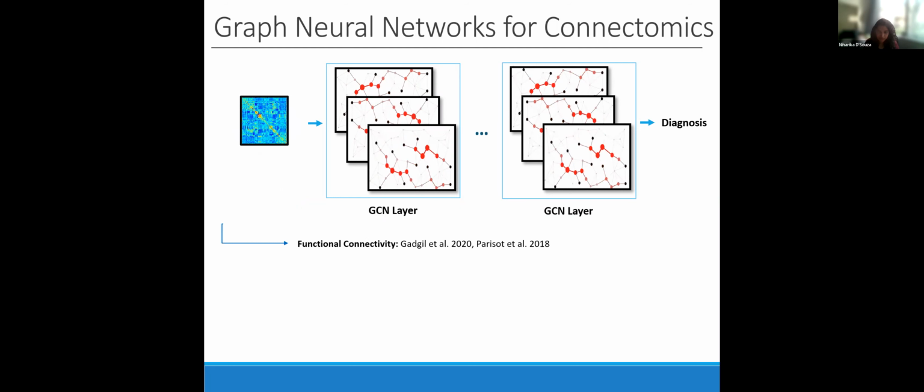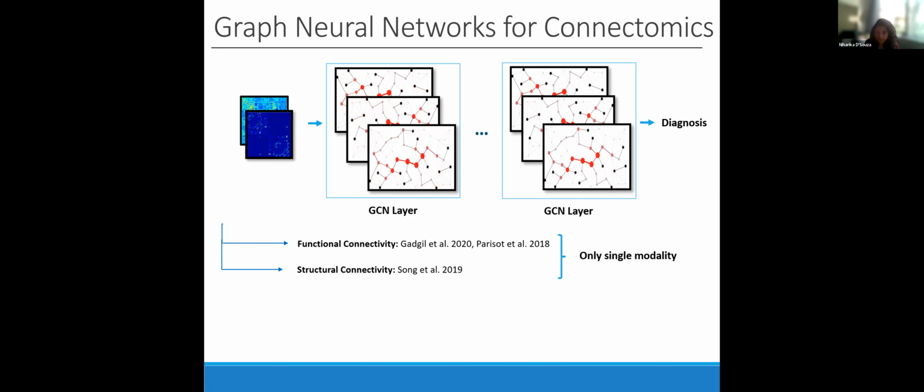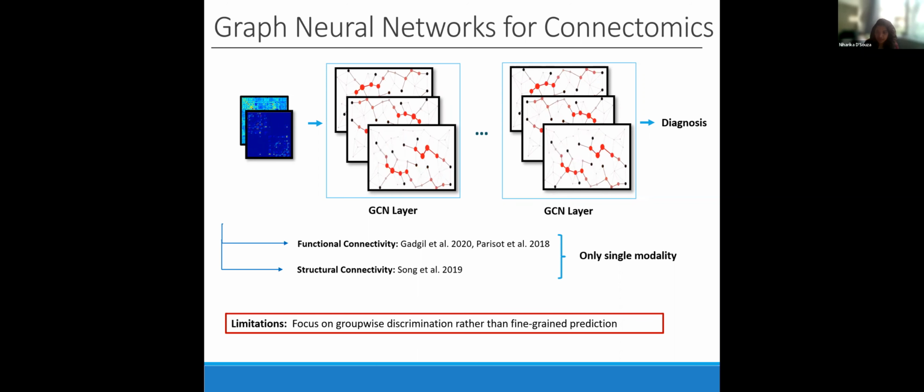While there are several works which utilize graph convolutional networks to predict diagnosis from brain connectivity, for example, from the fMRI data or from DTI, these models typically use the graph structure encoded by spatial or connectivity relationships. Often the connectivity profile is vectorized within the graph signal, rather than utilizing the network structure within the data itself. These models typically consider one modality at a time and focus on group-wise comparisons.